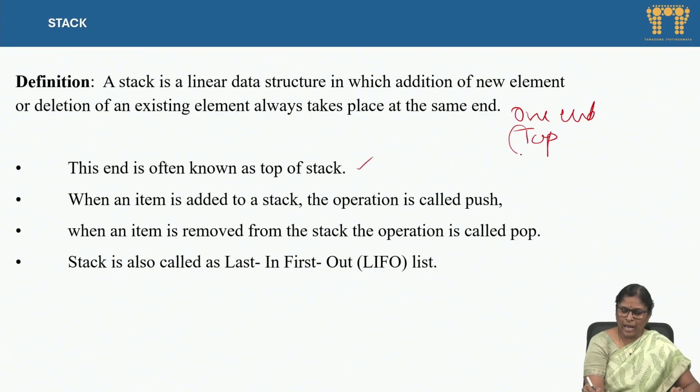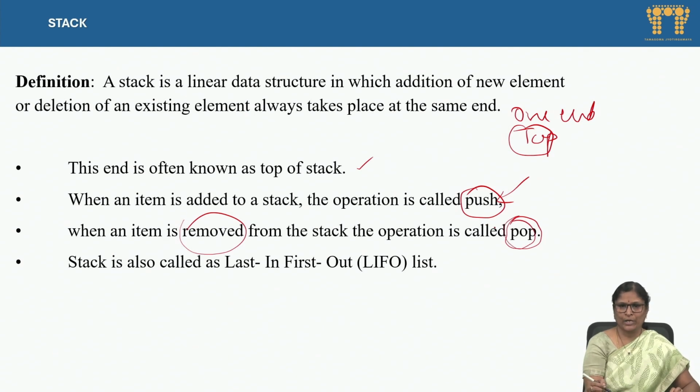Always the same end, top, is utilized for insertion. The insertion operation in a stack is called a push operation. And the same top is utilized for removing an existing element from the stack. The deletion or removal of an element from a stack is called a pop operation.